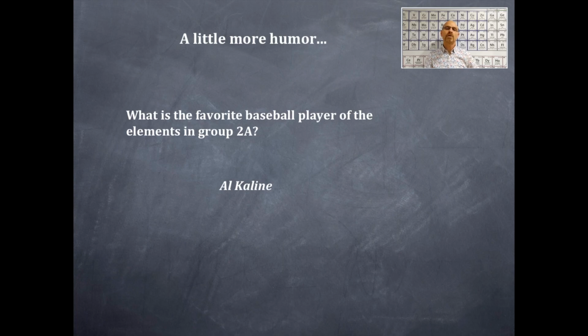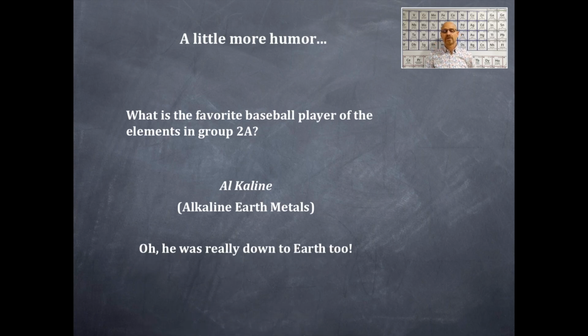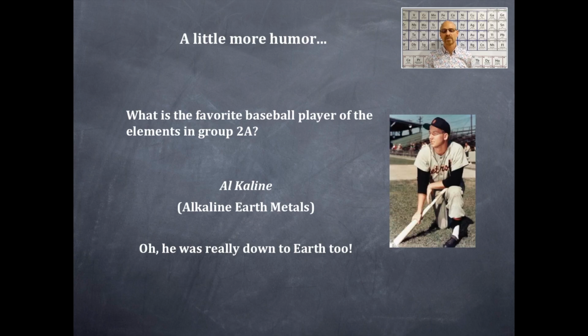If you don't know who Alkaline is, then ask your parents and they might know, or maybe even your grandparents. Alkaline earth metals are group 2, and that's why it's the group 2 favorite baseball player. And of course, Alkaline was really down to earth, because it's the alkaline earth metals. And there's actually a picture of Alkaline. He played for the Detroit Tigers.